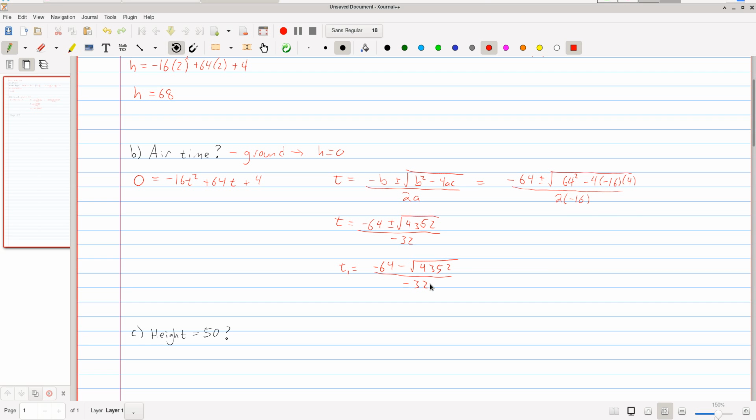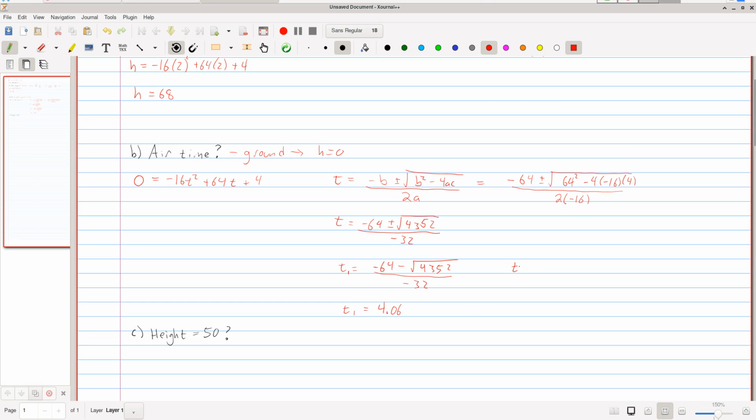And if we evaluate this, we get that this time value is approximately 4.06.